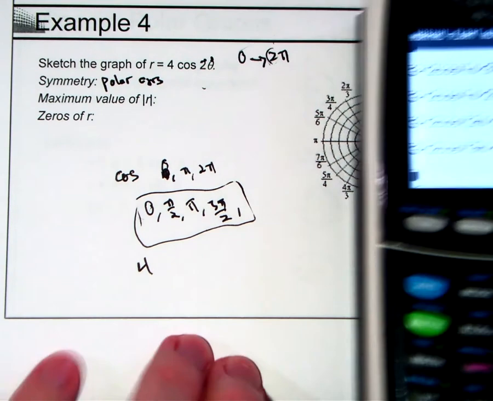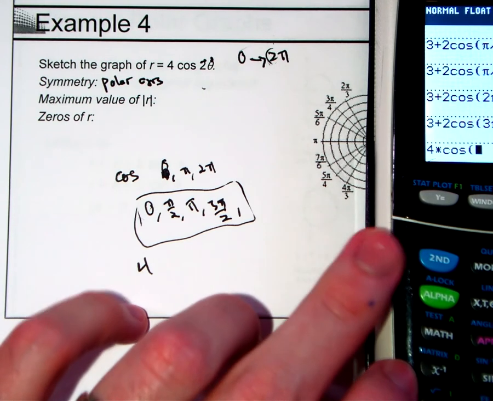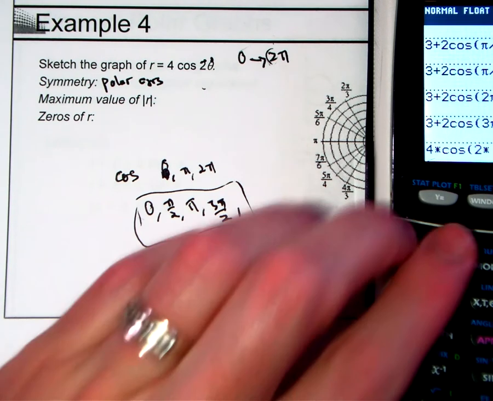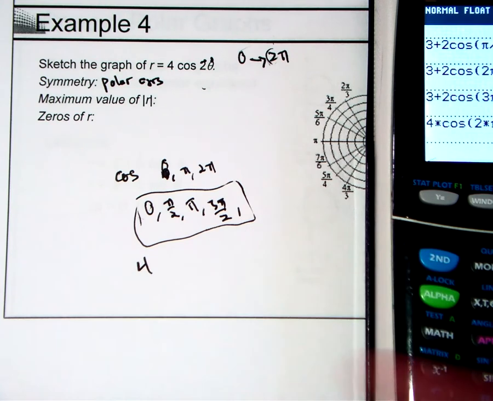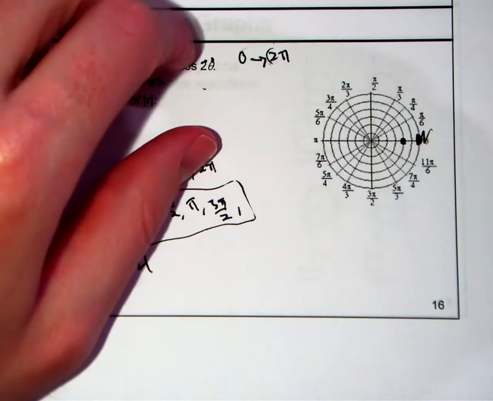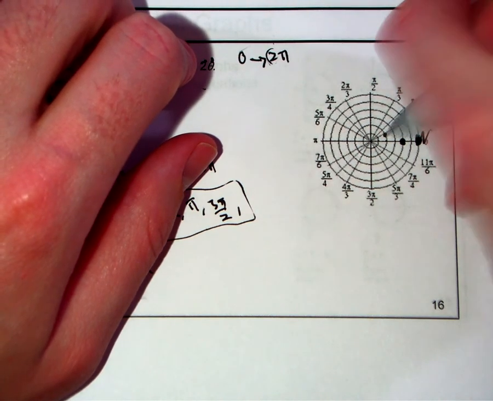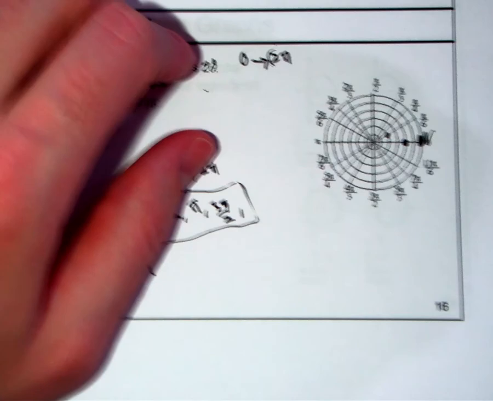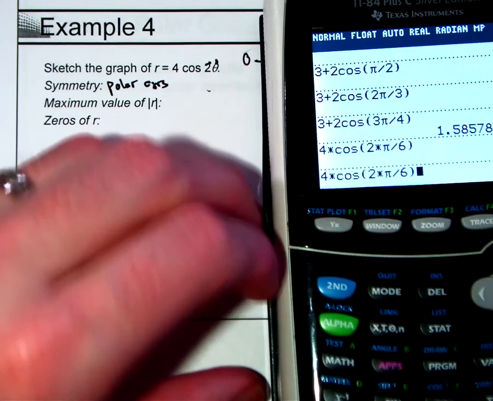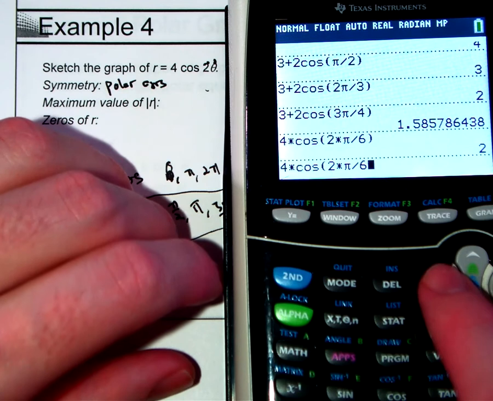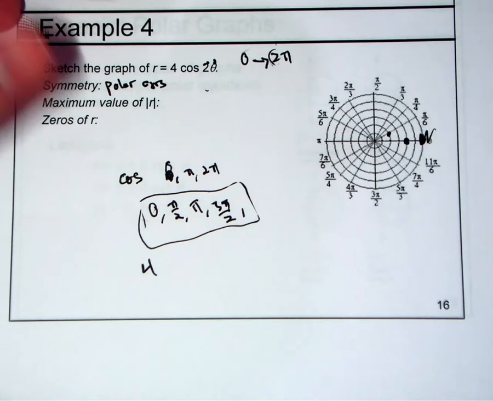Well, we can just type in pi over 6 just to see. You'll get the idea of what's going to happen here. 4 times cosine of 2 times pi divided by 6. We're going to have 2. And then if I do 2 times pi over 4, we get a 0.